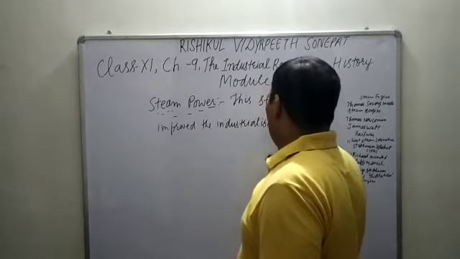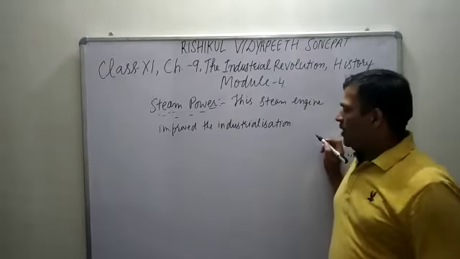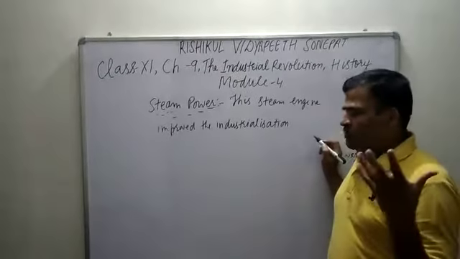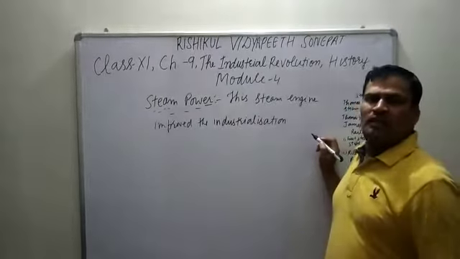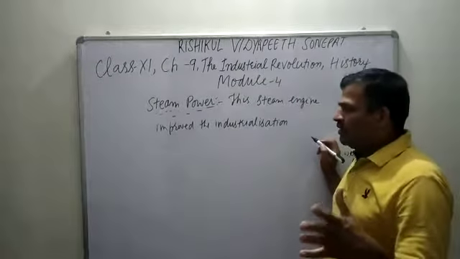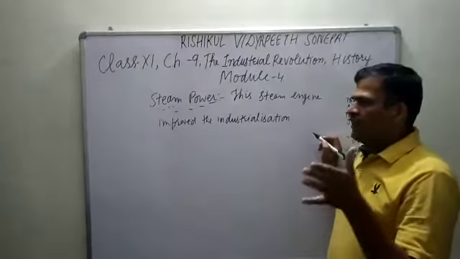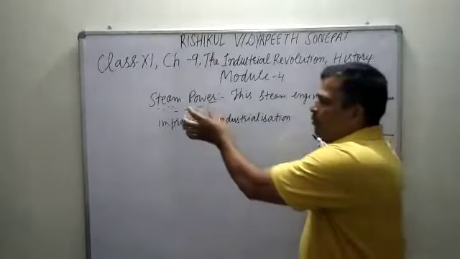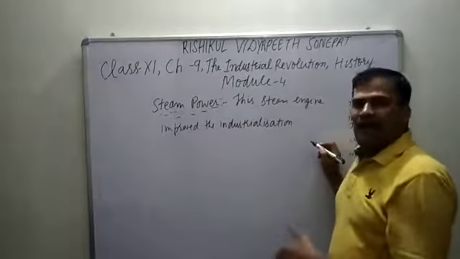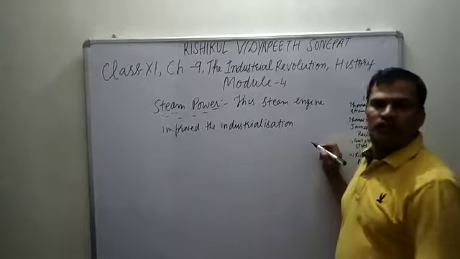Earlier we have seen that cotton was available in plenty, and by the techniques of spinning jenny, flying shuttle, mule and other power looms, the production increased a lot and the economic condition of Britain also improved. And by this steam power, the work as well as the speed and the economic value will also increase.